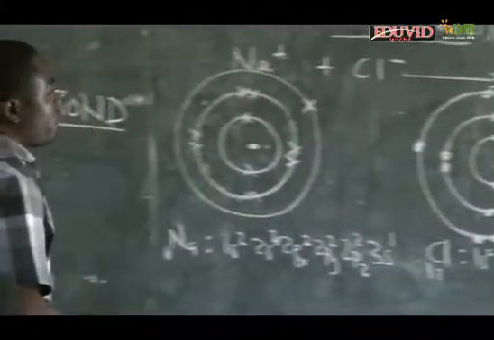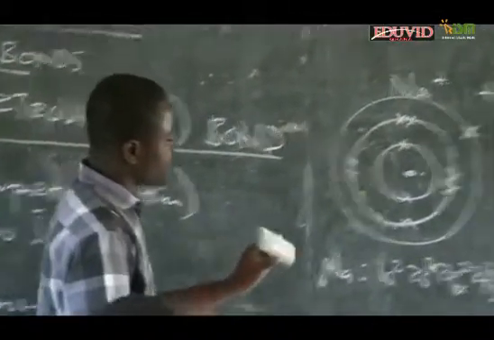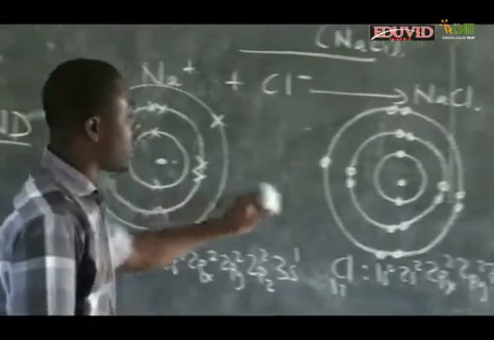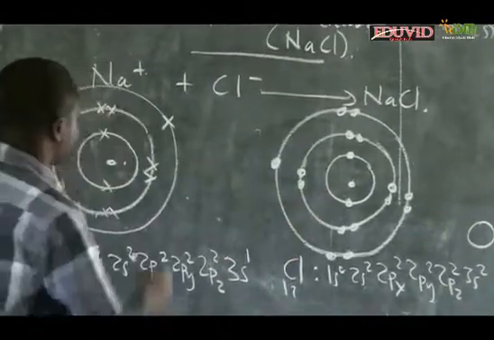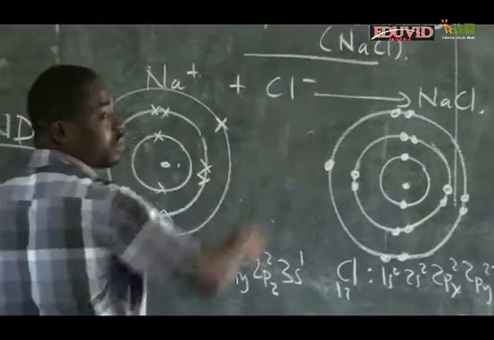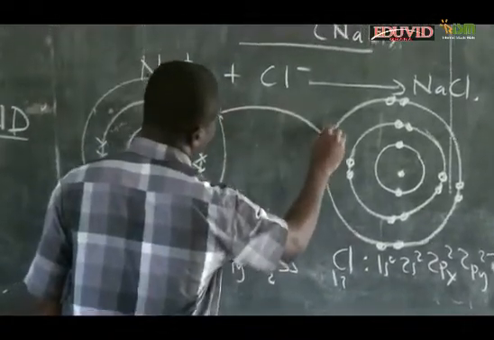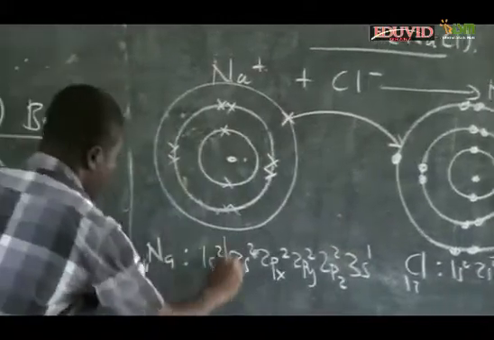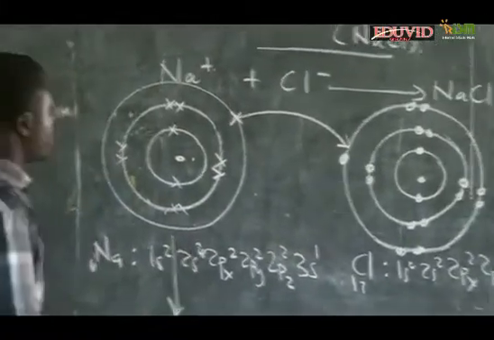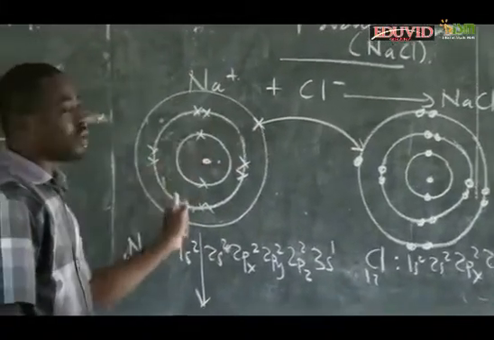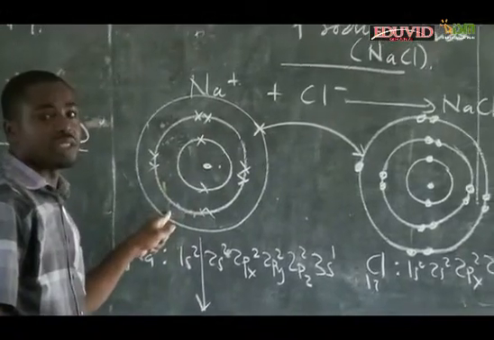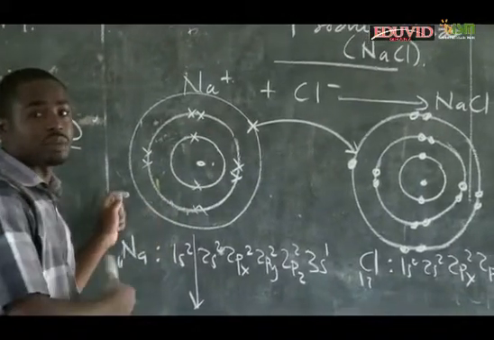So for the ionic bond to be formed, since this has a low IE and this has a high electron affinity, we expect this electron here to be lost to that species. So this electron will be lost to this, and when this atom's electron is lost, we are left with just 2 shells in this atom, and this atom becomes positively charged.